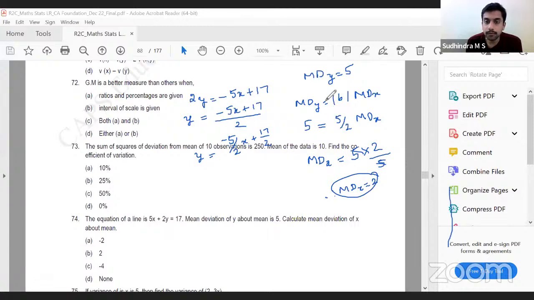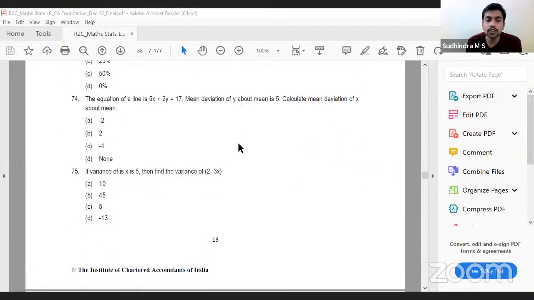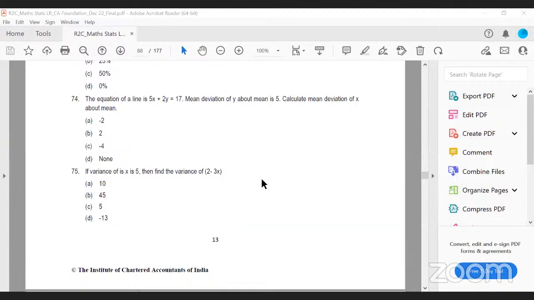Now we will move on to the next question. If variance of x is 5, find the variance of 2 minus 3x. Minus 13? No, variance cannot be negative, because variance is the square of standard deviation.